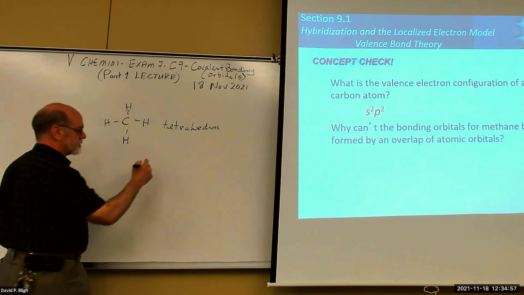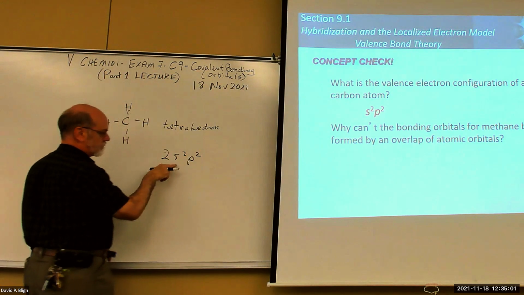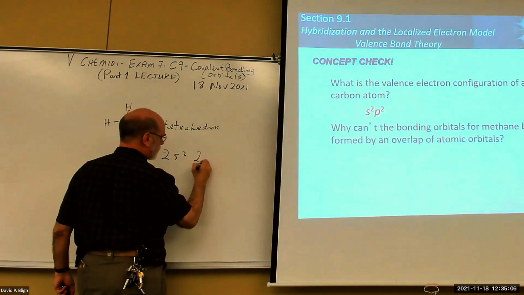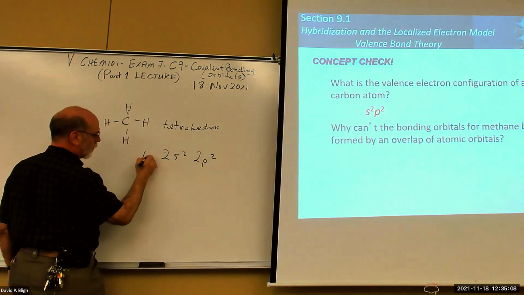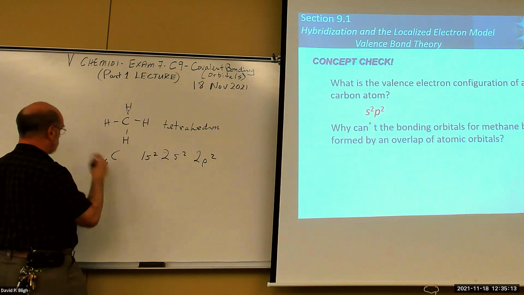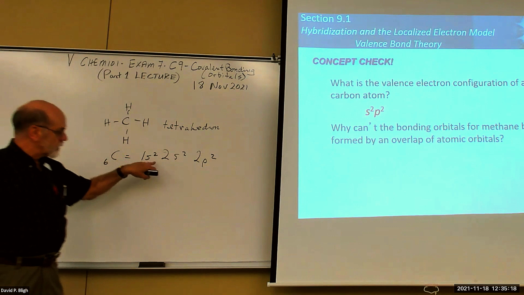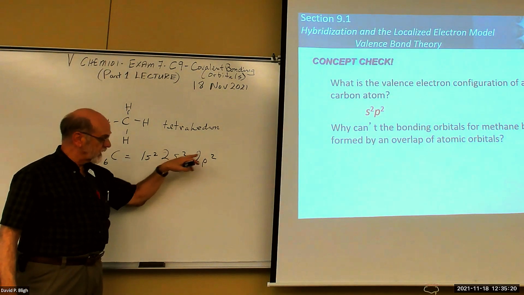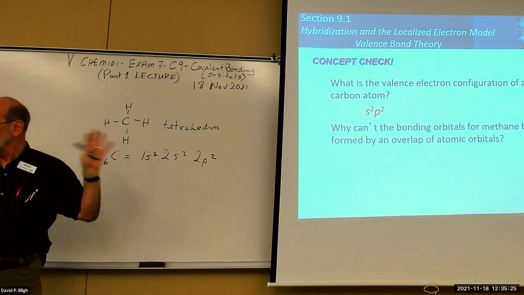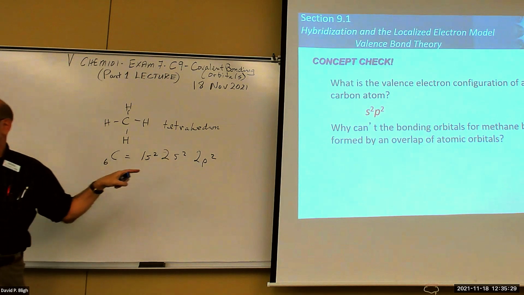This is the valence shell, 2s2 2p2, and actually the core, of course, you have those two, 2, 4, 6 for carbon. So here's the valence shell, and we've got 4 electrons in here that can share with 4 electrons from these hydrogens, so we're good there. The problem is the geometry is not right.